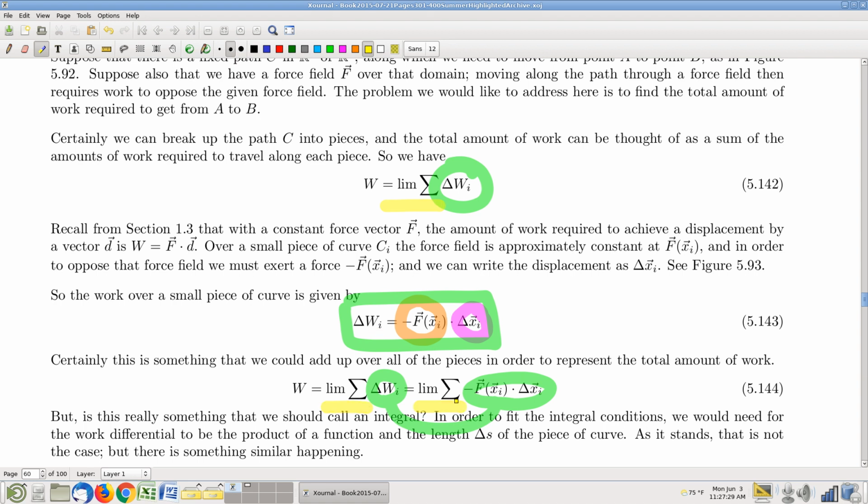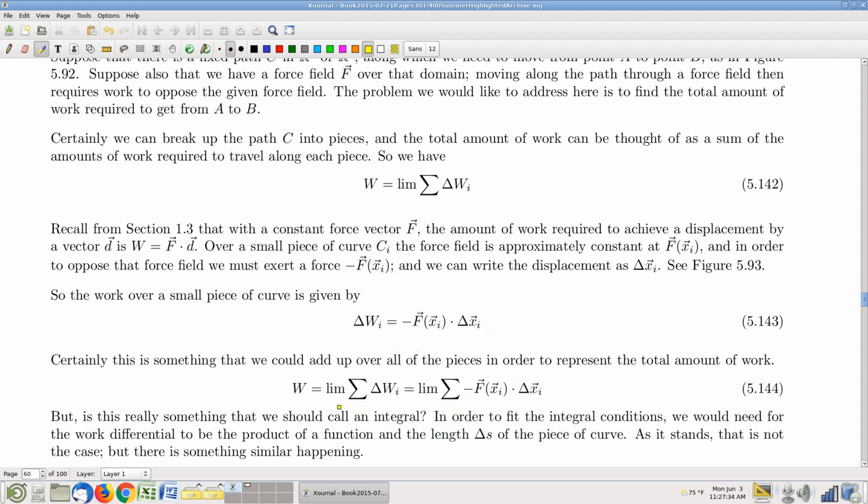We have a formula for our estimate of how much work it should take, and it looks like a Riemann sum. Everybody good so far? We chop it up, look at each little piece, write down the formula, and then add them up.